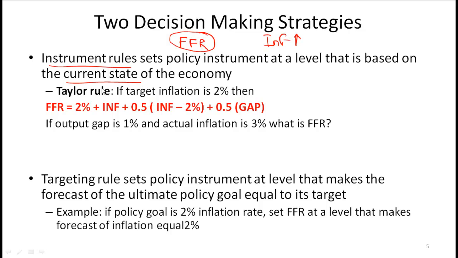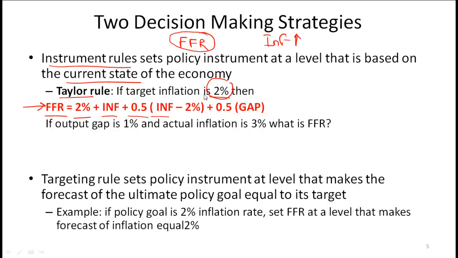The best example of an instrument rule is the Taylor rule. And let's look at how the Taylor rule works. Basically, you need to memorize this Taylor rule formula. So if the Fed has targeted an inflation level of 2%, then according to the Taylor rule, it should set the federal funds rate equal to 2% plus the current inflation plus 0.5 times current inflation minus 2%.